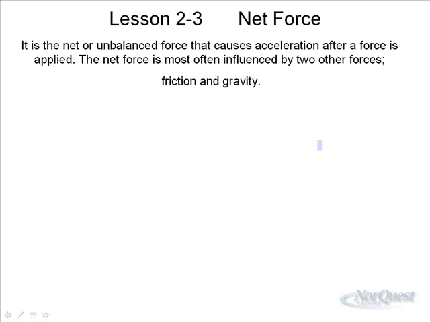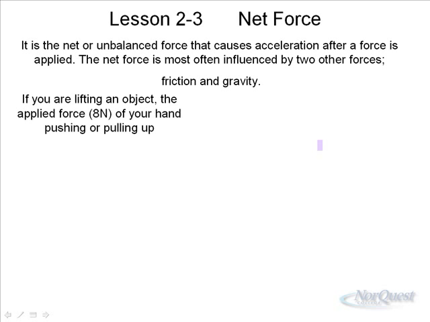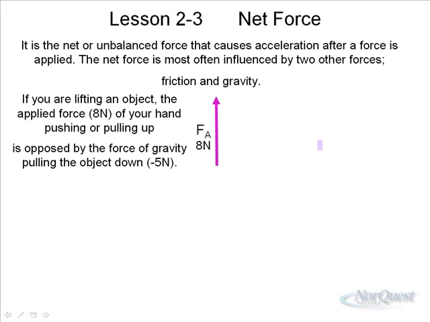Now, generally, if you're lifting an object, the applied force, let's say 8 newtons of your hand, might be pushing up. And if the weight of the object is 5 newtons, then the force acting down is going to be 5. So you have an upward force of 8, a downward force of 5.